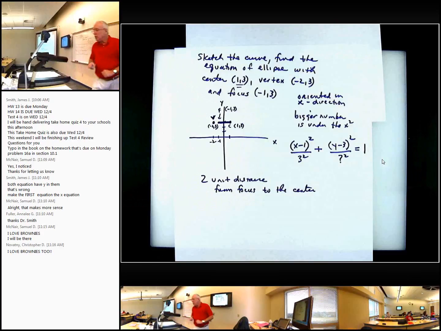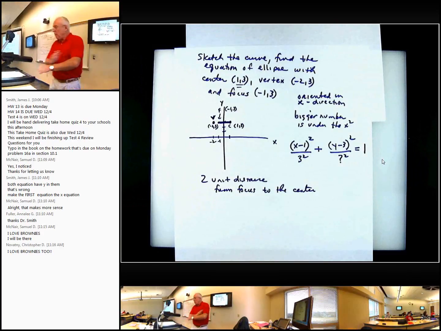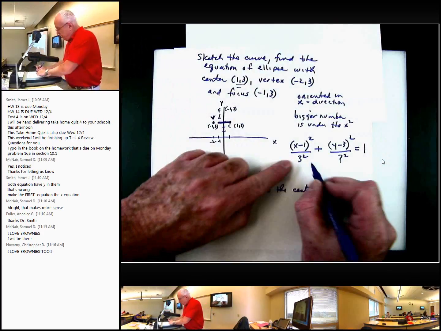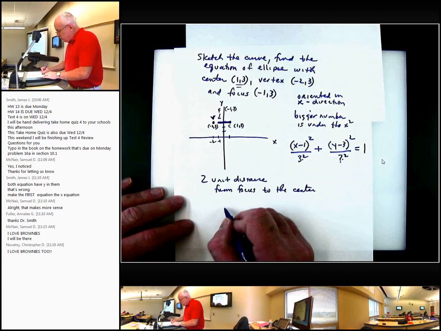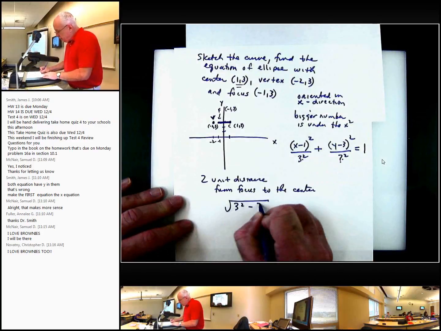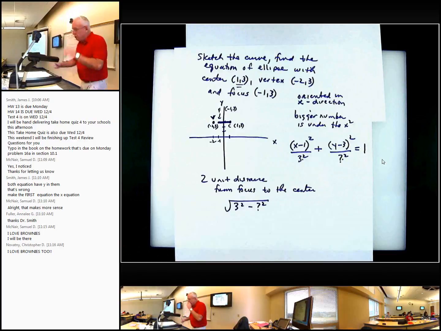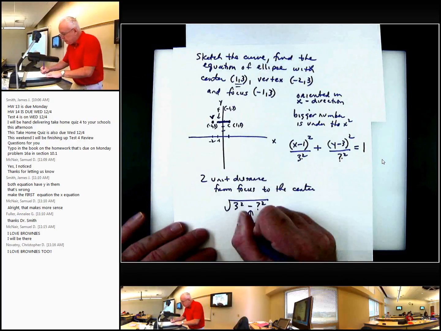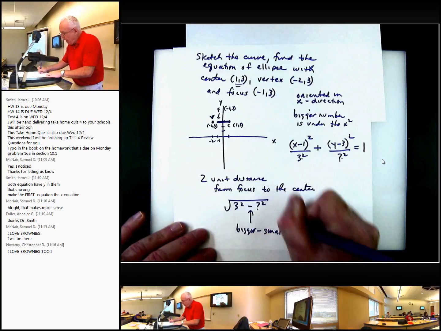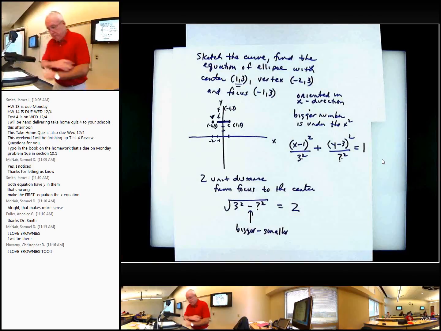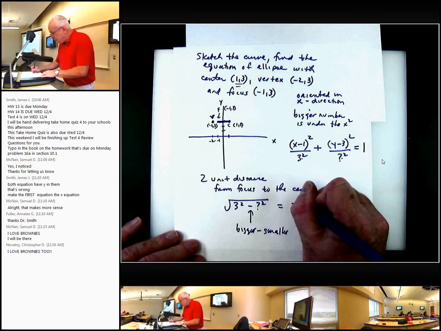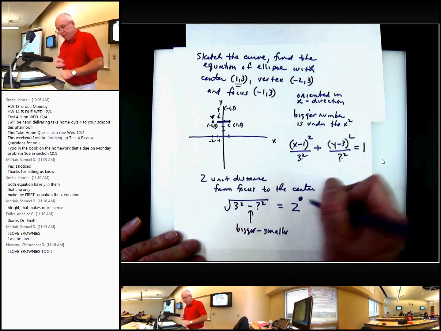So therefore, if we remember this, we take our bigger number minus our smaller number, do the square root. So the square root of 3 squared minus question mark squared. We do the difference, bigger minus smaller. And that's going to equal that 2, that focus distance.